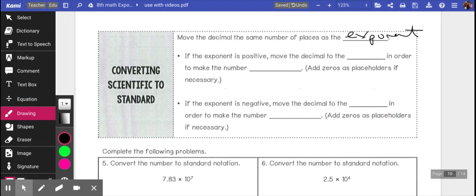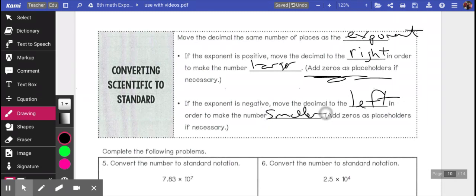If the exponent is positive, we're going to move the decimal to the right in order to make the number larger, and you always add zeros as placeholders if you need to. If the exponent is negative, just like on a number line, we're going to go to the left, towards the negative numbers, in order to make the number smaller. Again, we can add zeros if we need to.